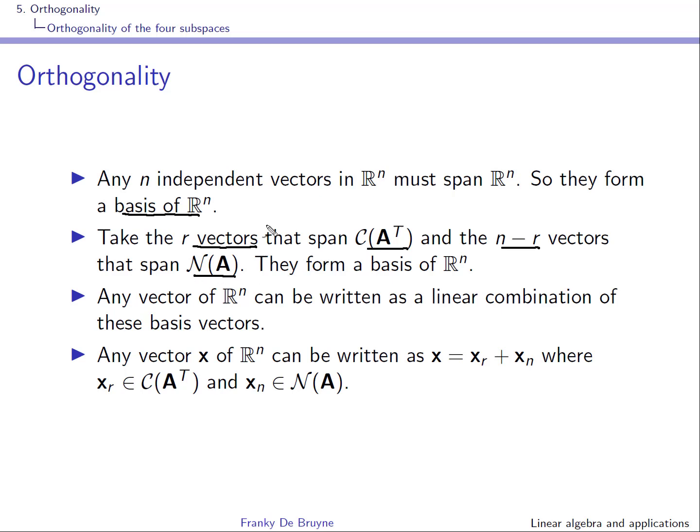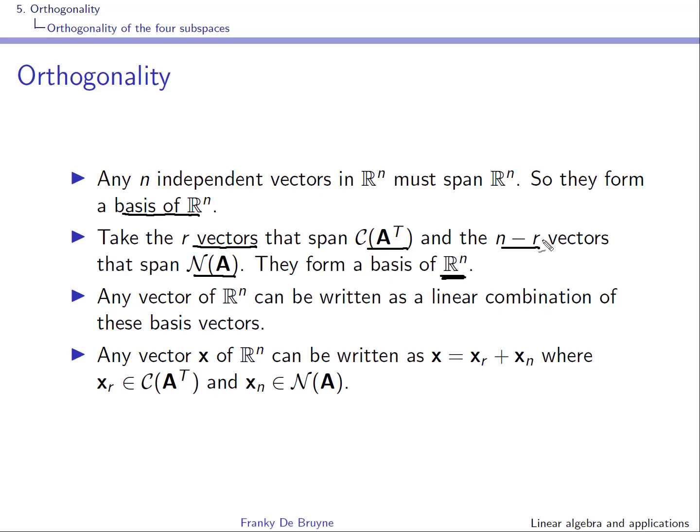They will be independent, so they form a basis of Rn. So if they form a basis of Rn, this means that any vector x can be written as a linear combination of these basis vectors.